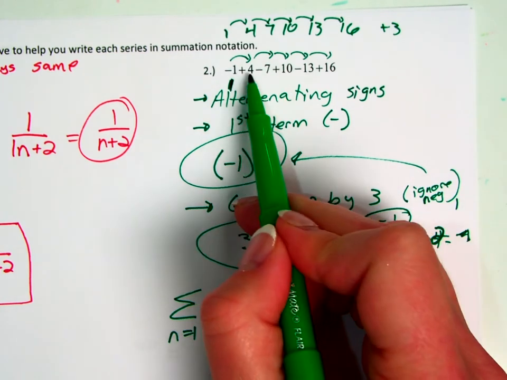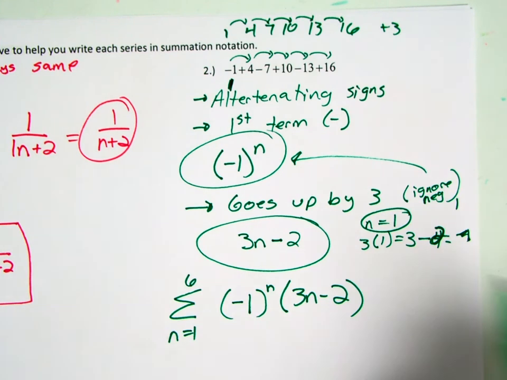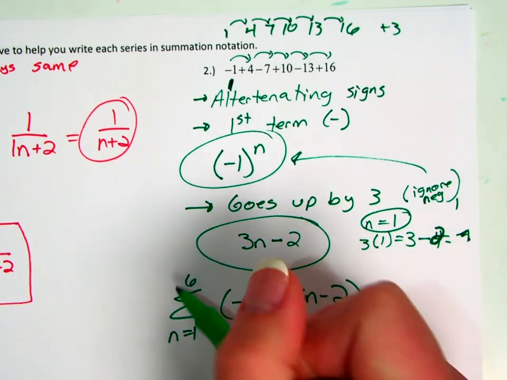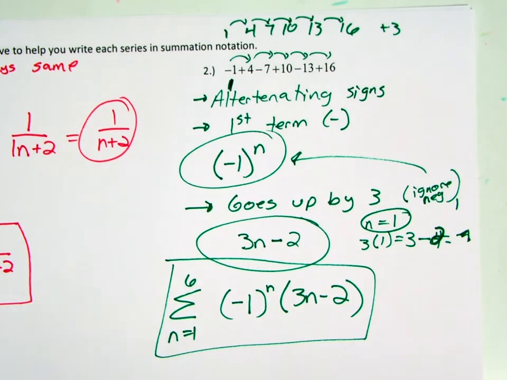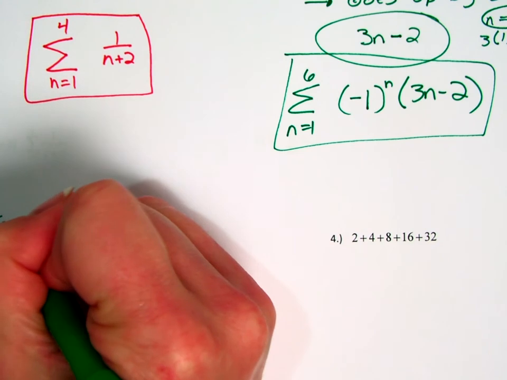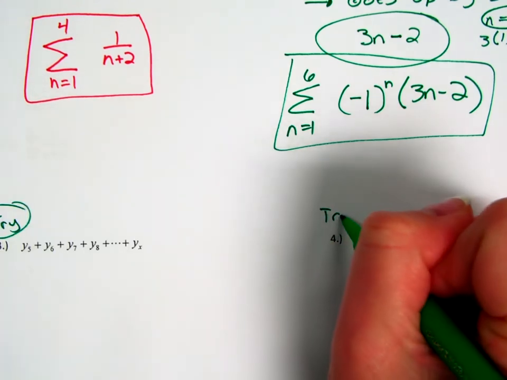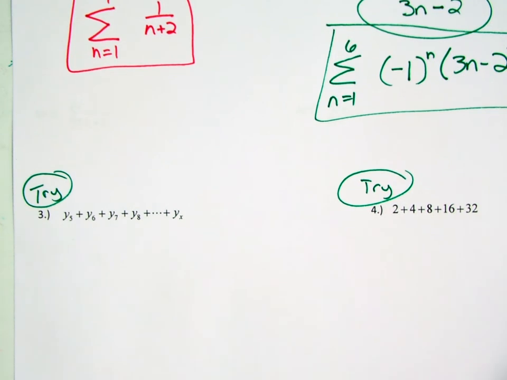And then there were 1, 2, 3, 4, 5, 6 terms, so 6 is my ending term. And then you should go back and check and see if it works for all of them, which it does. All right, then I'm going to have you try 3 and 4 on your own.